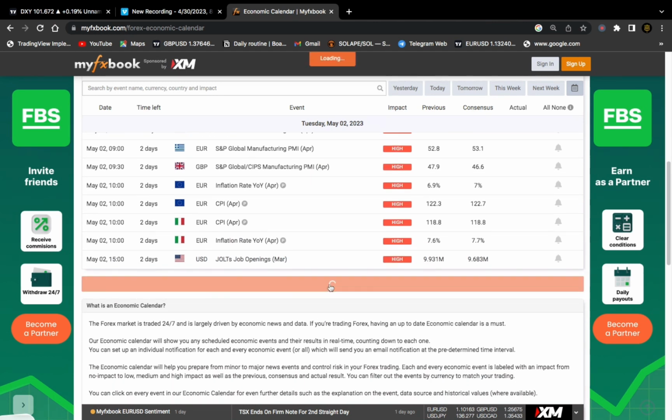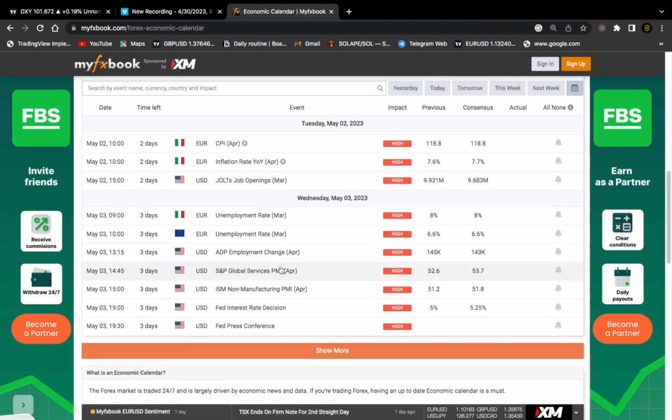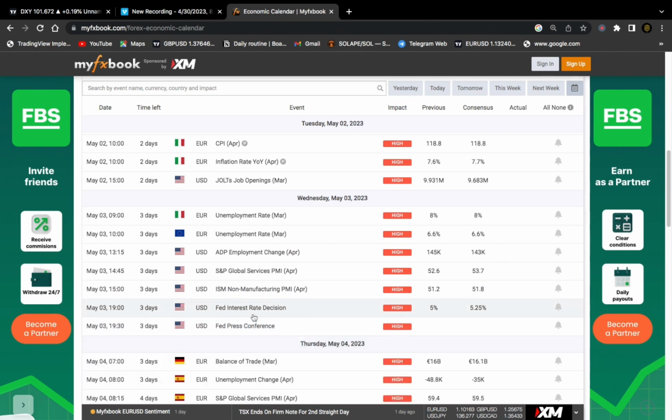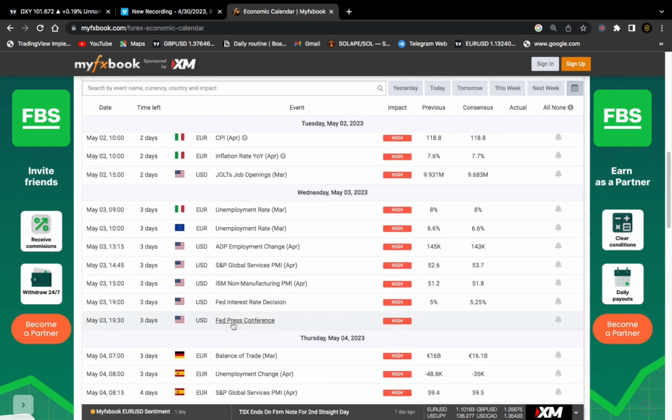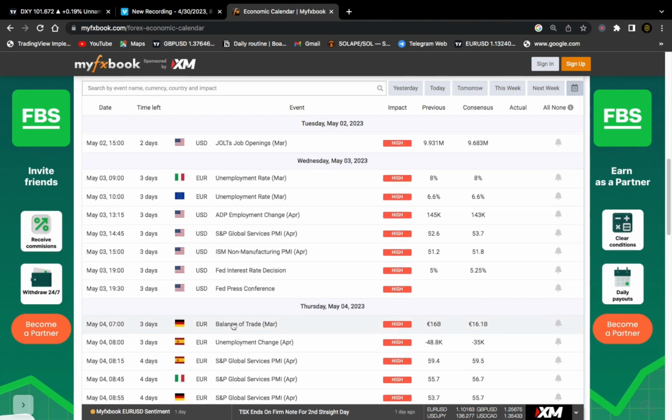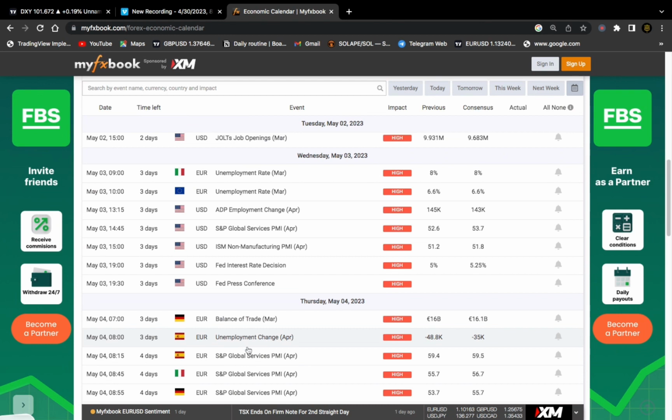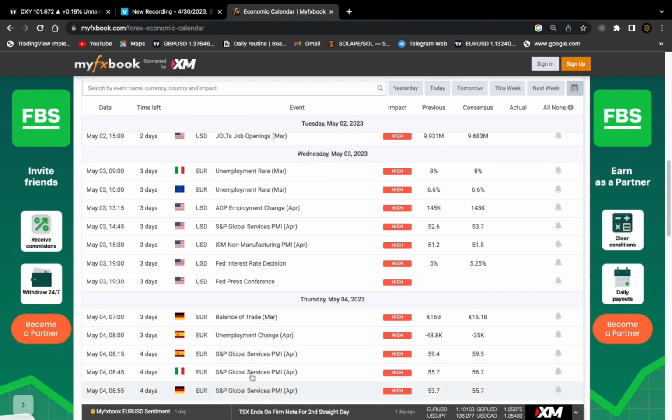And on Wednesday we have unemployment rates coming out, and the ISM Manufacturing PMI. We also have the Fed interest rate decision and the Fed press conference coming out on Wednesday. Fed will be making their decision by then.